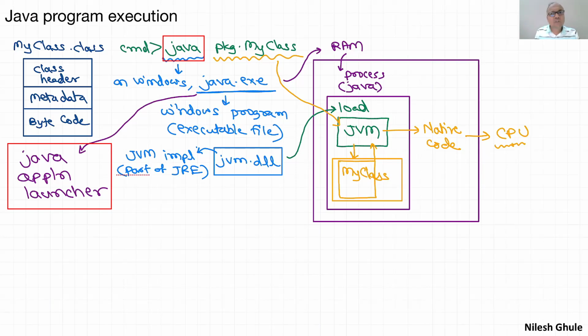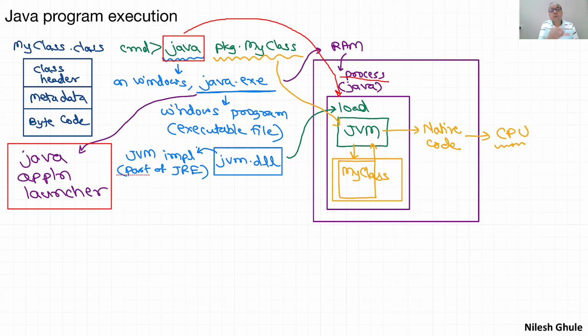And any Windows executable, it never runs in a hard disk. The operating system loader comes into picture and it will load this java into the RAM and it will create the process out of it. This process is for java.exe. It is a Windows OS created process.